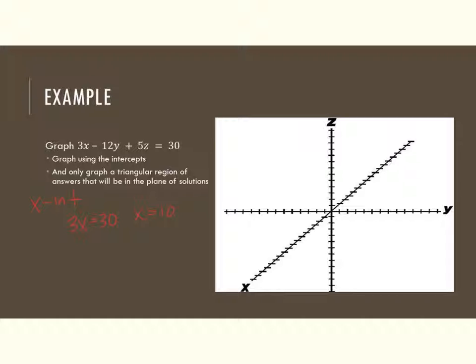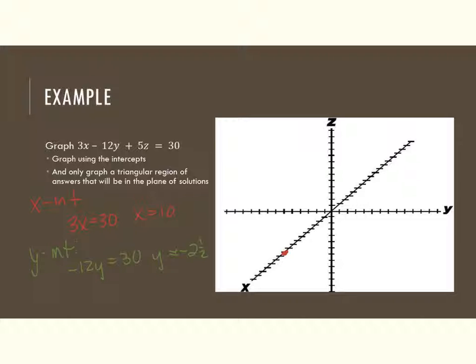So on my x-axis, I'm going to come out to 10. And then I'm going to do my y-intercept. I'm going to make x and z both be 0. So I'm going to have negative 12y equals 30, so y equals negative 2.5.